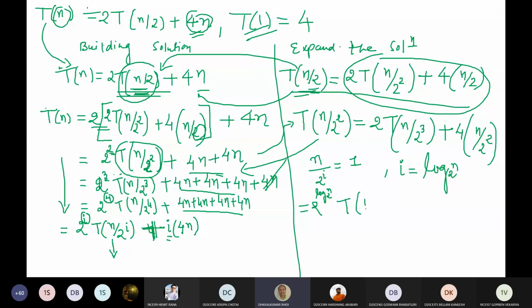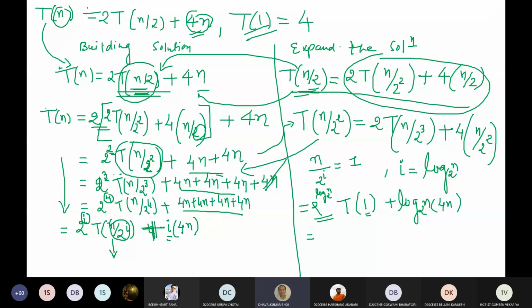Now we put this value in the equation: 2 raised to i into t of n divided by 2 raised to i, which we are writing as equal to 1, plus the value of i we got, log n base 2, into 4n. What will be the value of the first term?